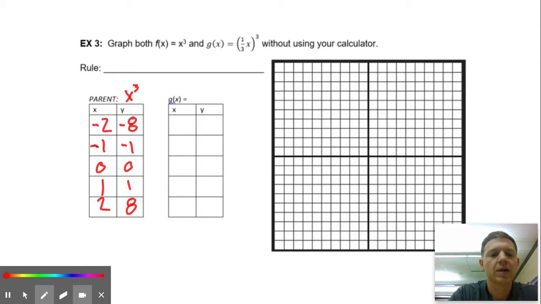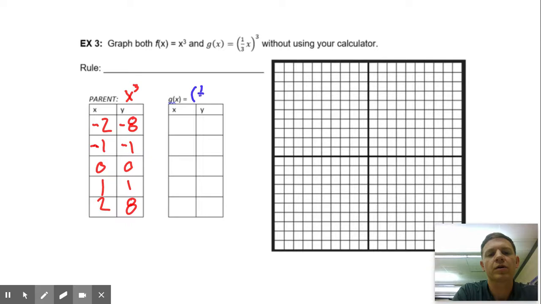All right, let's go ahead while we're here and write in the new function, which is 1/3 times x, all of it then cubed. So that 1/3 next to the x is a b. And for our rule, we of course have to write it as 1 over b. In this case, it's already a fraction, so we just flip the fraction.